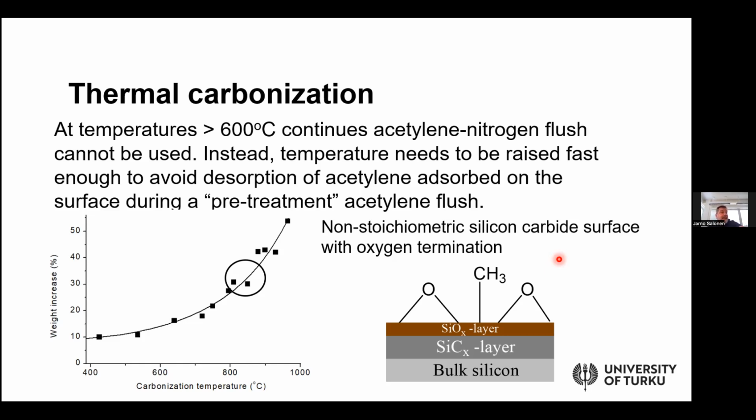The acetylene adsorbs on the surface so strongly that some of it stays on the surface even above 800 degrees, which is actually what we use. We usually use 800 to 850 degrees. It creates a pretty good surface. Still, it doesn't reduce the specific surface area too much.